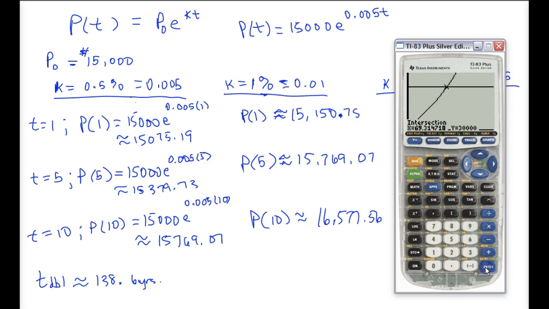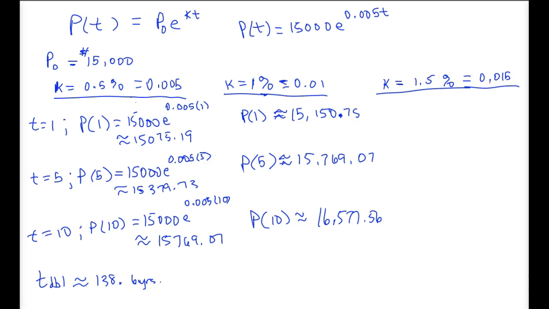That's close enough. We see that the actual intersection is at about 69.314718 years, so roughly 69.3 years. So of course, we'll just say T double here is about 69.3 years, which is much faster than 139 years.